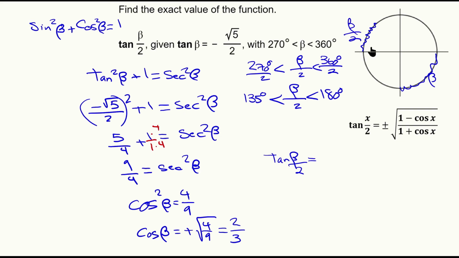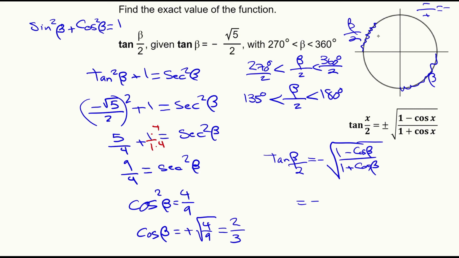Now, in this quadrant, which is the second quadrant, we know that sine is negative... rather, sine is positive and cosine is negative; as given, tangent, which is sine over cosine, is going to be negative. So we're going to take the negative square root of 1 minus cosine beta over 1 plus cosine beta.